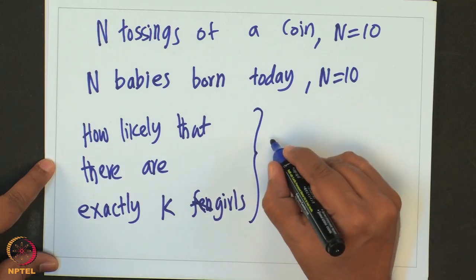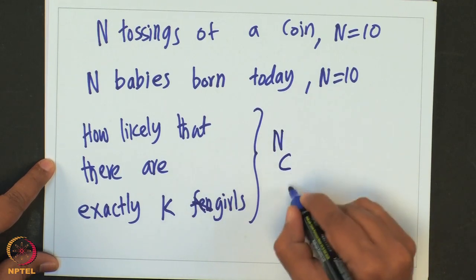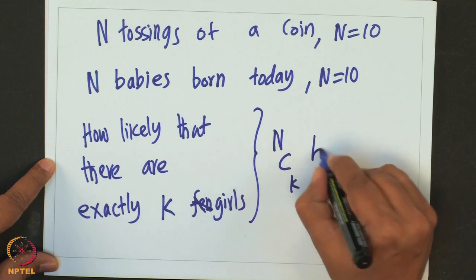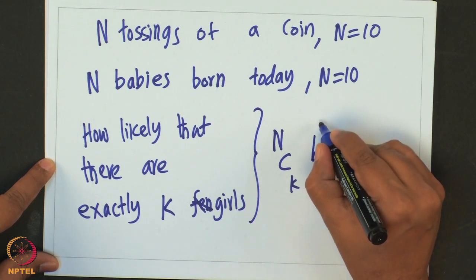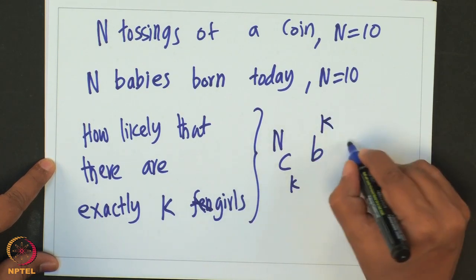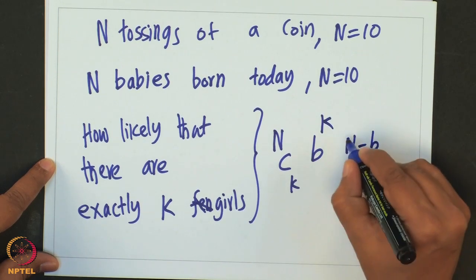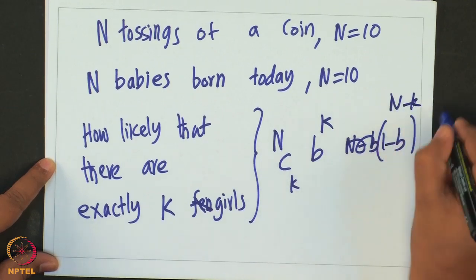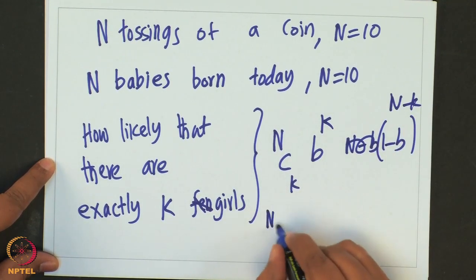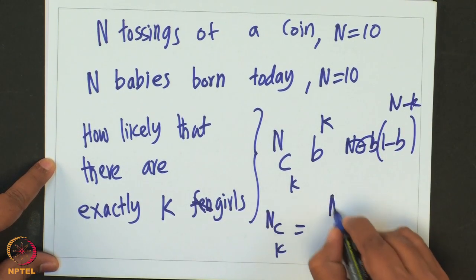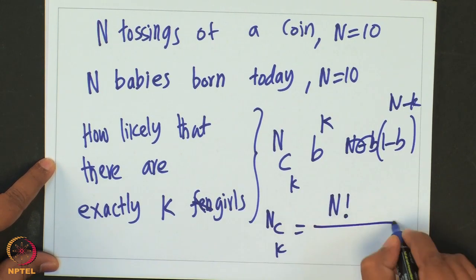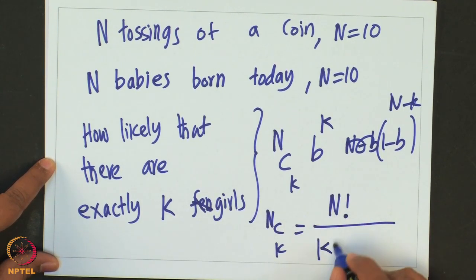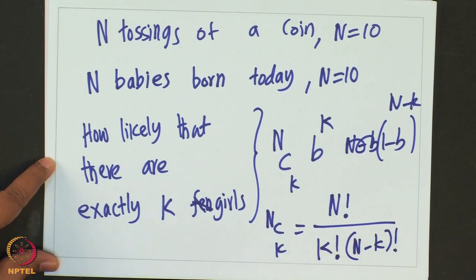This is given by this formula: n choose k, b power k, where b is half here, times 1 minus b power n minus k. Here nCk is n choose k, which can be computed as n factorial divided by k factorial times n minus k factorial.